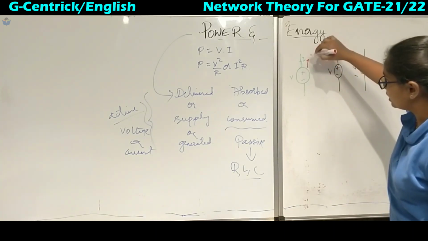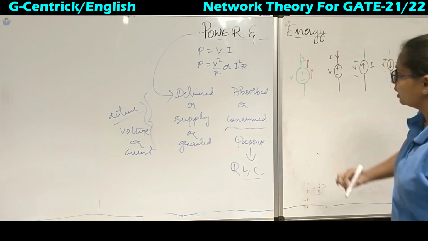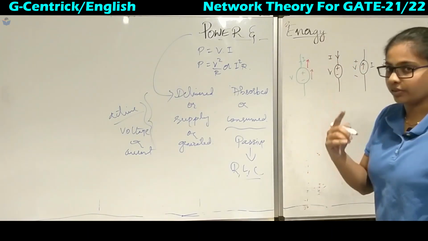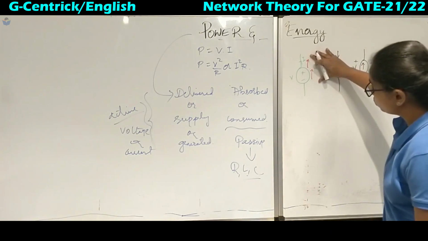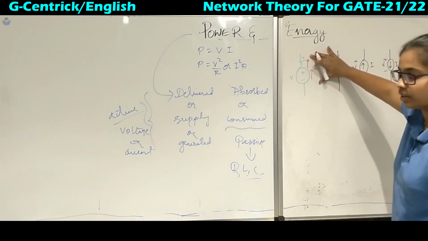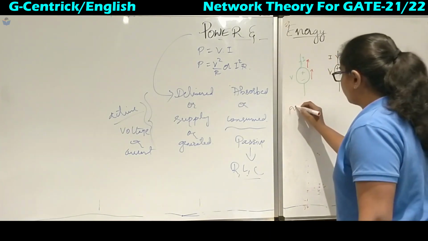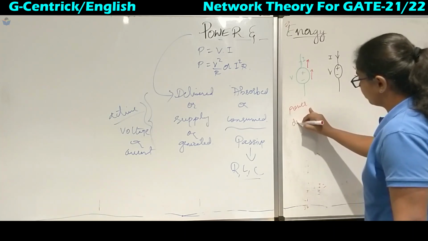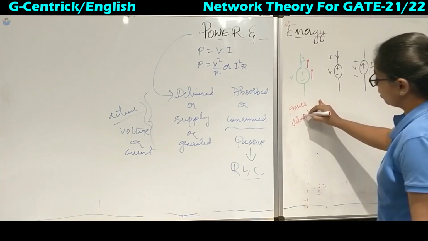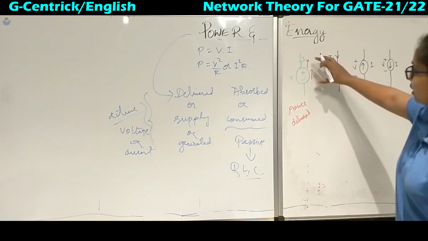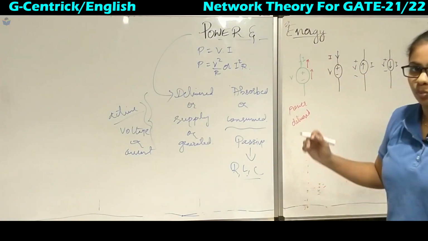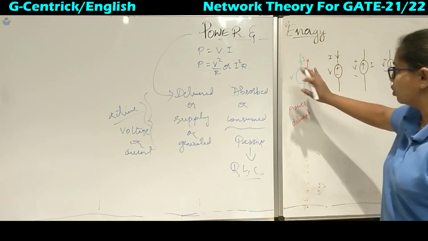If the positive polarity is upwards, then the direction of the arrow head will also be upwards. Whenever these two directions are the same, when they sync with each other, then we say that power is delivered. Power will be delivered when the two arrows are in the same direction, one of current and the other of voltage.